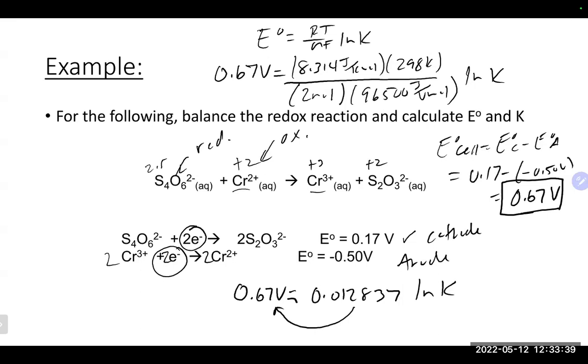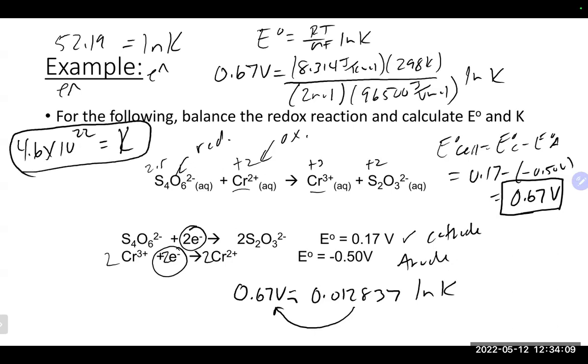Gets us a natural log of K equal to 52.19. At this point, we're going to exponentiate both sides. And when we do that, we end up with a K value that is, we'll call it 4.6 times 10 to the 22 in this case.